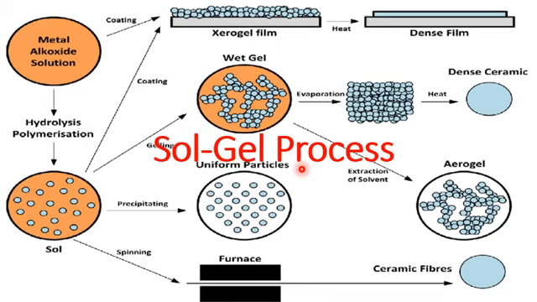Apart from the preparation of nanoparticles, the sol gel process is also an important process for the fabrication of micro and ultra thin films. So this technique is also used in the fabrication of ultra and micro thin films.